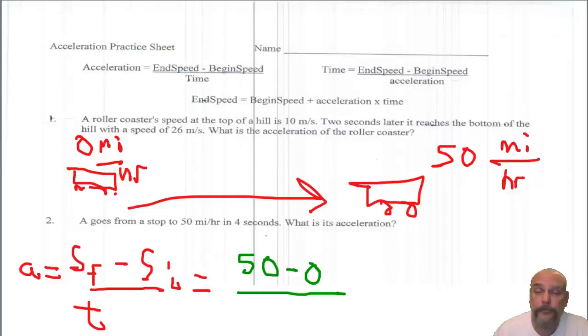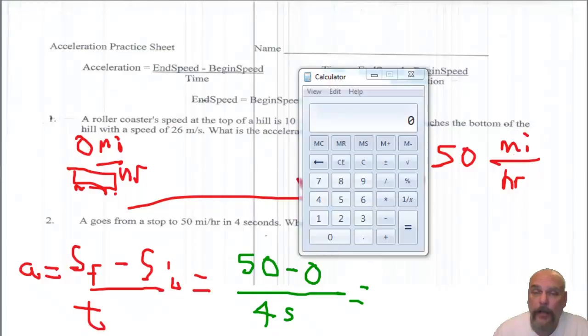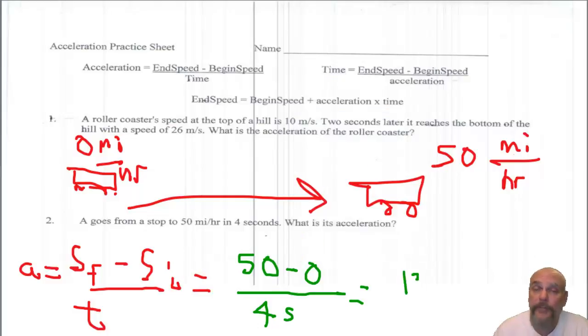And then its time is 4 seconds. So 50 divided by 4. And again, pull out your calculator. So 50 divided by 4 is equal to 12.5.